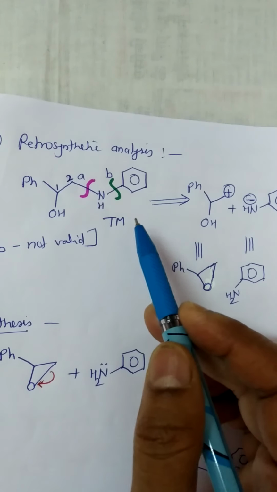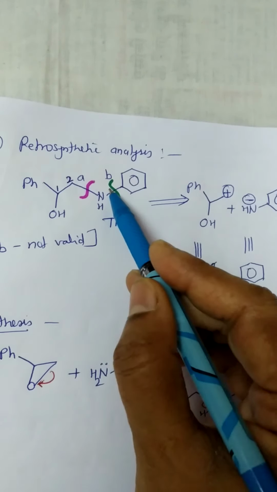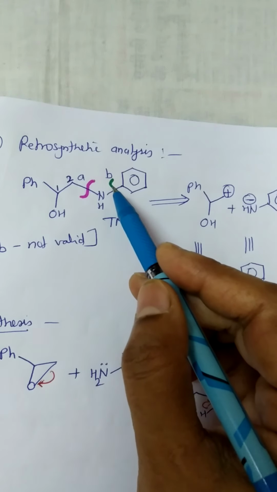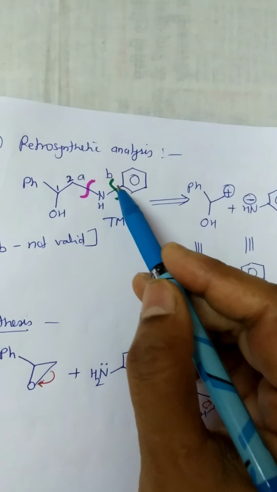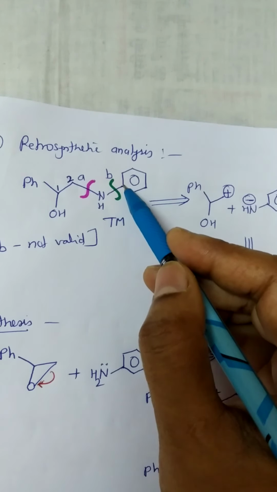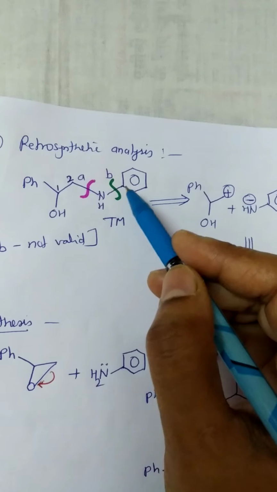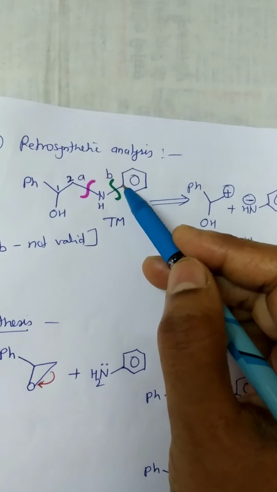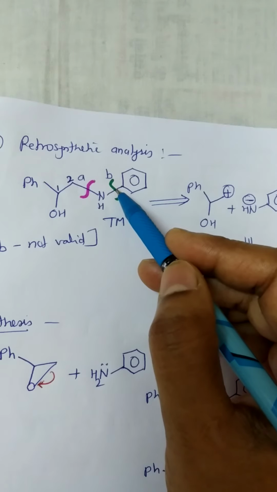Here we get two options, option 1 and option 2, but we do not carry out the disconnection at this position because here an aromatic ring is attached, and according to guideline 3, we cannot disconnect after the aromatic ring.